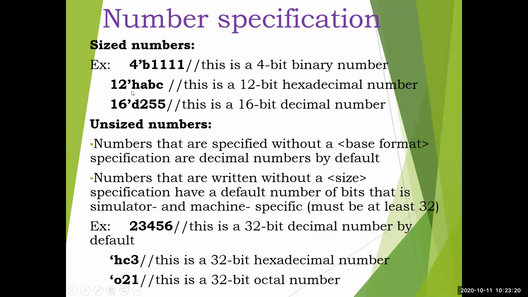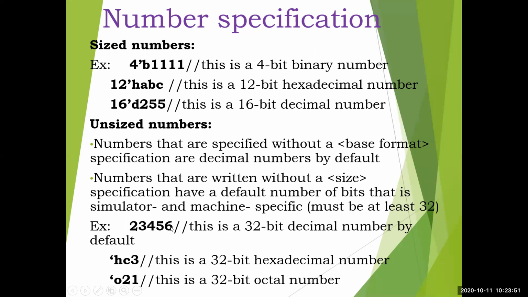If you do not mention the 12 here, just 'hABC, you have not mentioned how many bits, so this will be taken as machine specific. If you are using a 32-bit, 64-bit, 16-bit or 8-bit machine, the number will be considered based on that. This book was written at the time of 32-bit Windows, maybe, so 32 is considered. At present it will be 64. You can consider that.